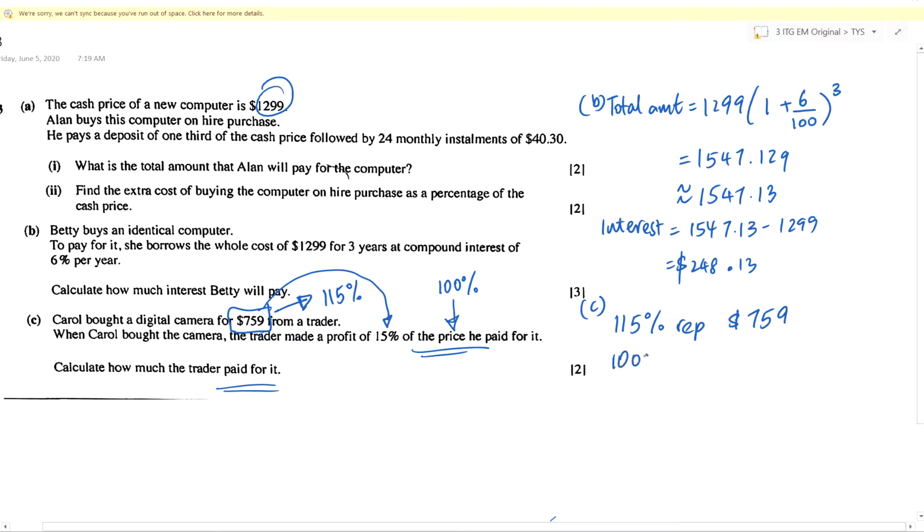So 100% represents 759 over 115 times 100. You can drop both percentage symbols over here, or you can choose to leave both of them on. Either way, they will cancel. So calculate it.